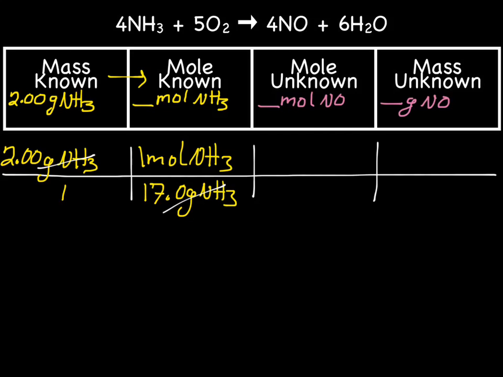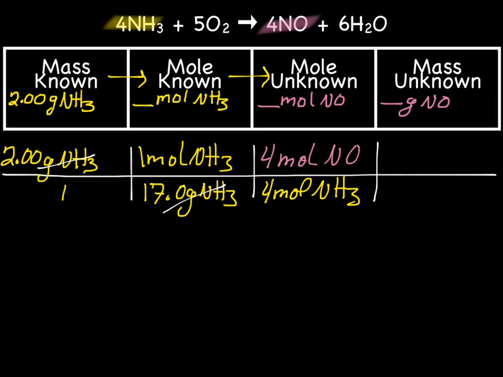And how do we get from mole NH3, or mole known, to mole unknown? This is where we use the mole-mole ratio from the balanced equation. So our known is NH3, and our unknown, we decided, would be NO. Okay, so we will put on the bottom, so we can cross out, 4 mole NH3, and on the top we will have 4 mole NO. Let's check our mistake blockers.